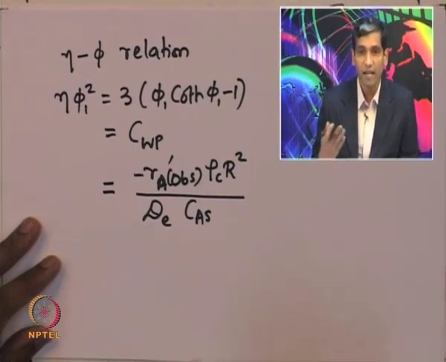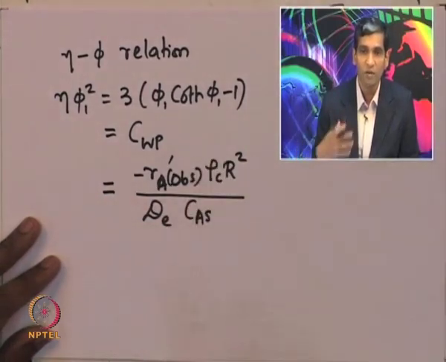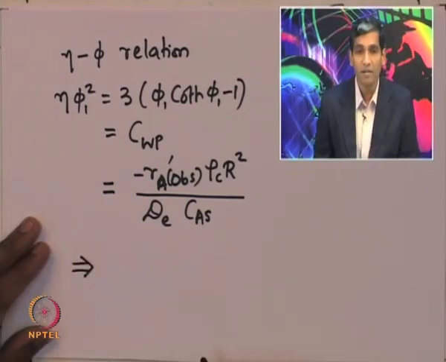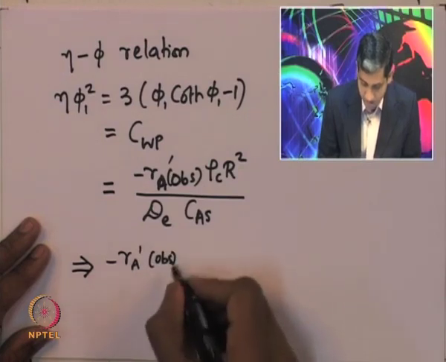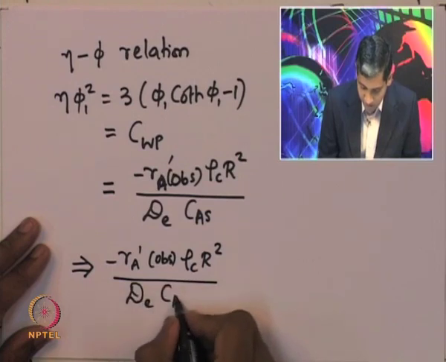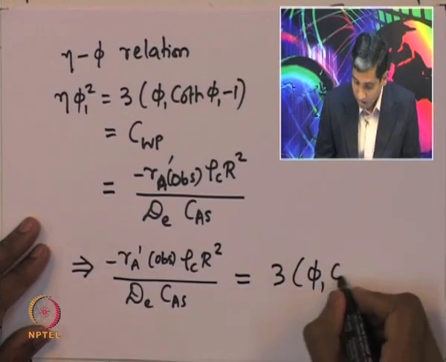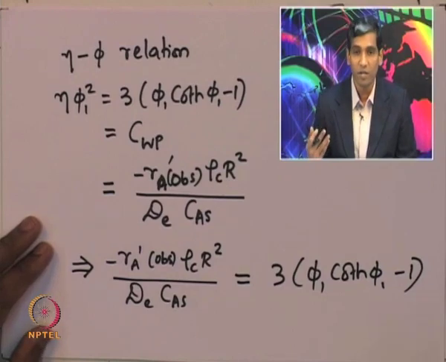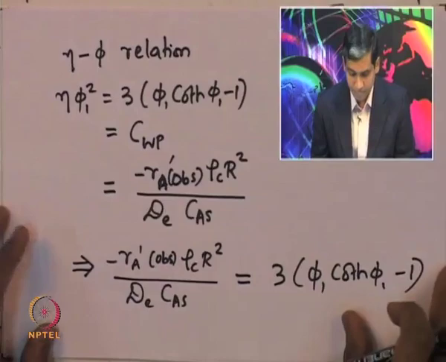So, let us say that the concentration of the species at the surface of the catalyst is equal to the concentration of the species in bulk. So, by looking at this relationship we find that minus R A into rho c into r square divided by diffusivity into C A S should be equal to 3 times phi 1 coth phi 1 minus 1. That brings a relationship between the observed reaction rate and the Thiele modulus.